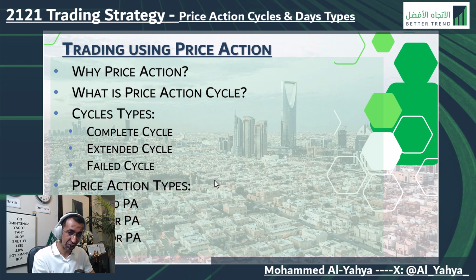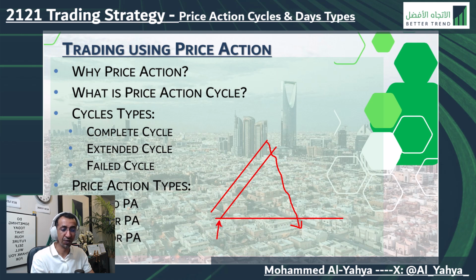Failed price action, or failed cycle. It happens when you have a channel, break, and the market just drops below the start of the channel. This is one example. Another example, you can have a channel, break, only leg one, and then the market drops, breaking this one.